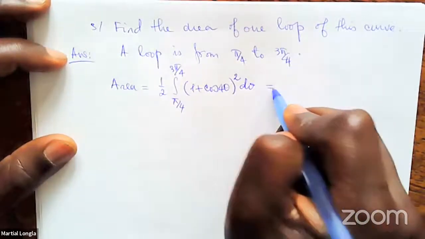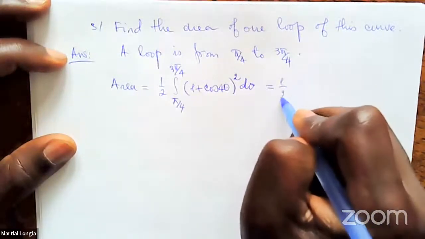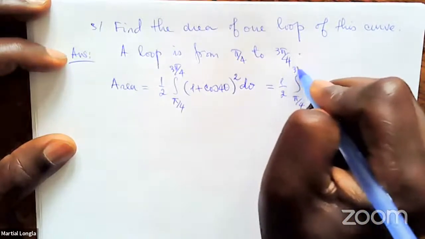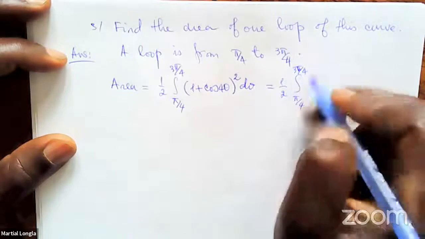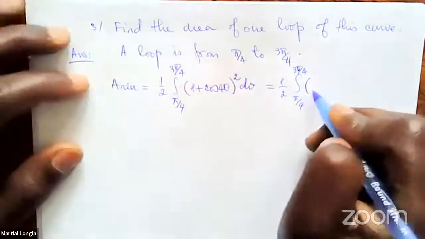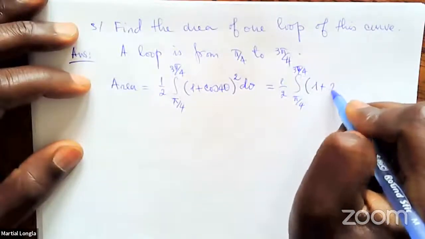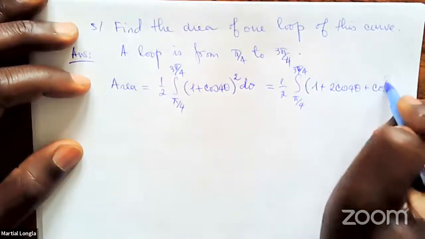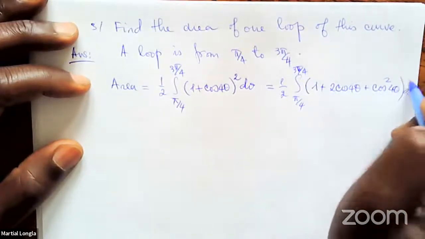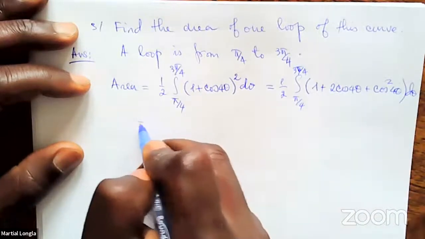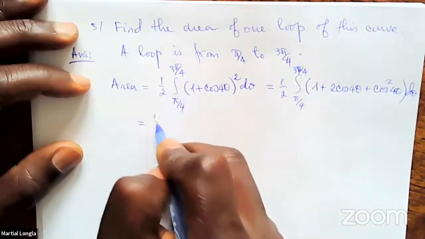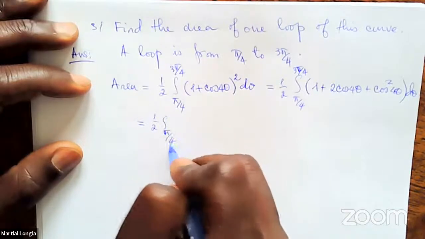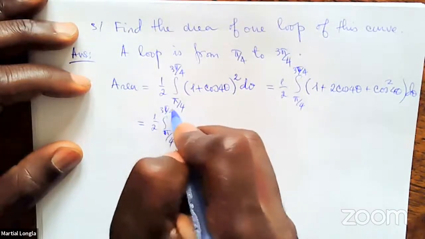And so that is 1/2 integral pi over 4 to 3 pi over 4. And then you open these parentheses, that's 1 plus 2 cosine 4 theta plus cosine square 4 theta d theta. And that's going to be 1/2 integral pi over 4 to 3 pi over 4.